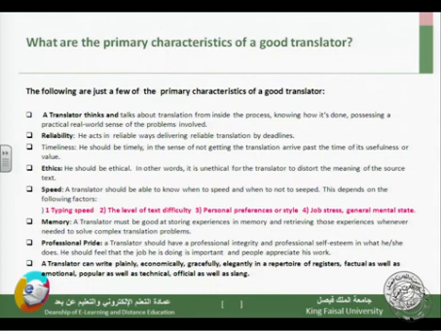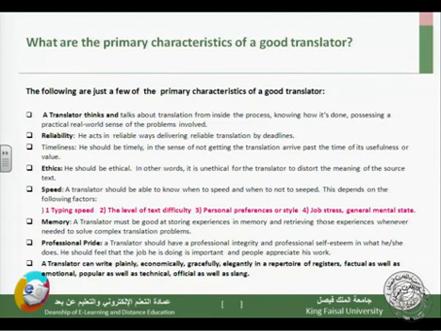As you will find out during the course, there are so many features and characteristics for a good translator, and you will formulate your own concept of them by reading materials about translation and translators, by practicing translation.